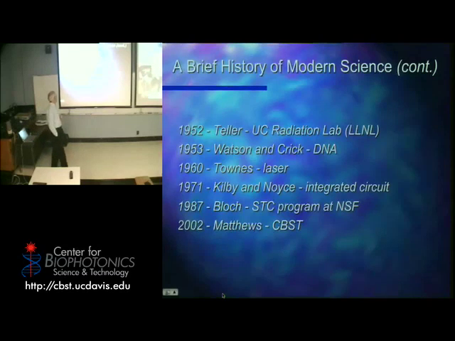It was called at the time the UC Radiation Laboratory, and since that time, after the passing of Ernest Lawrence, it was named in his honor, so it's the Lawrence Livermore National Laboratory, and there's also, of course, the Lawrence Berkeley Laboratory next to the Berkeley campus, also named in Lawrence's honor. So those two great national laboratories came out of the pioneering work of Lawrence and then also the weapons work out at Livermore.